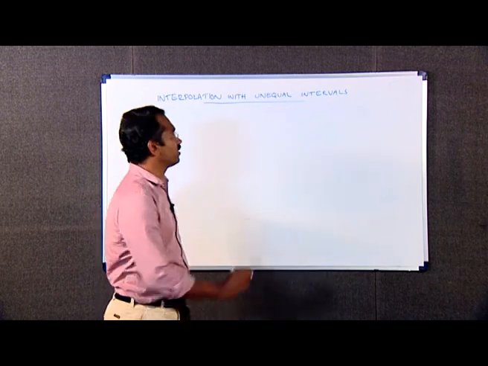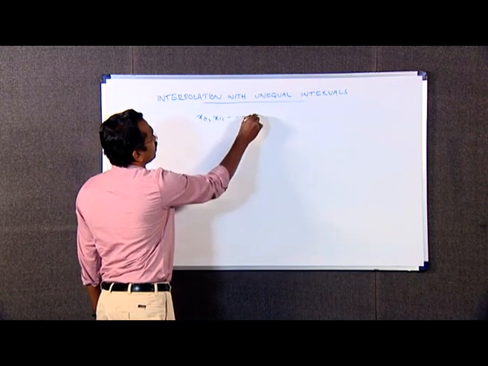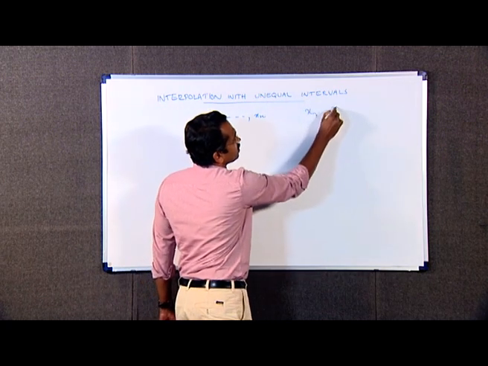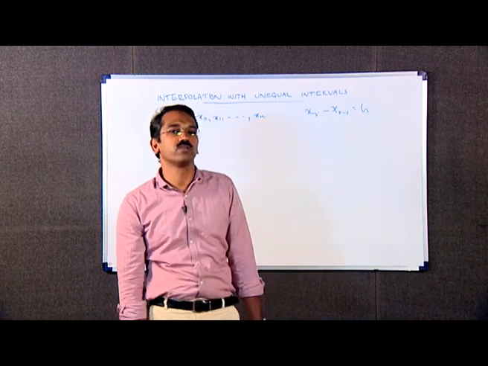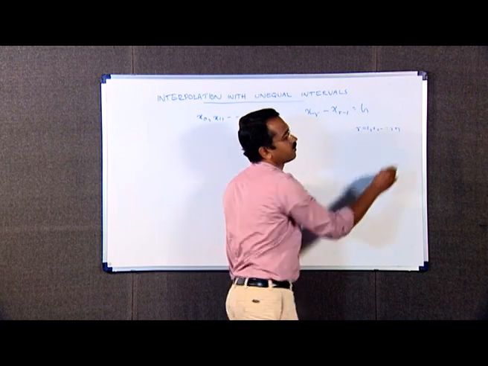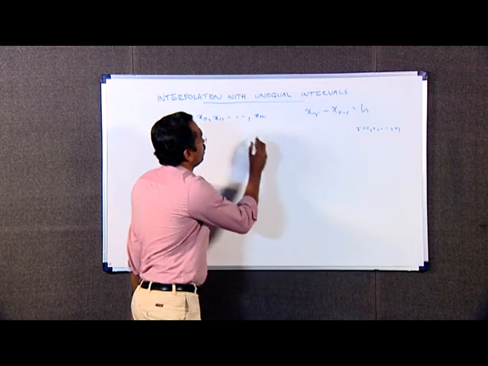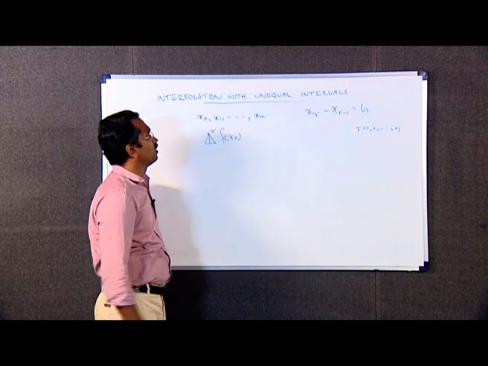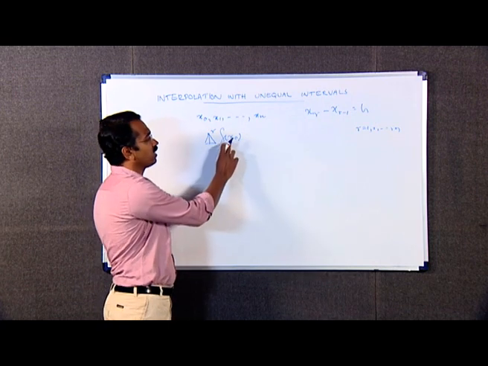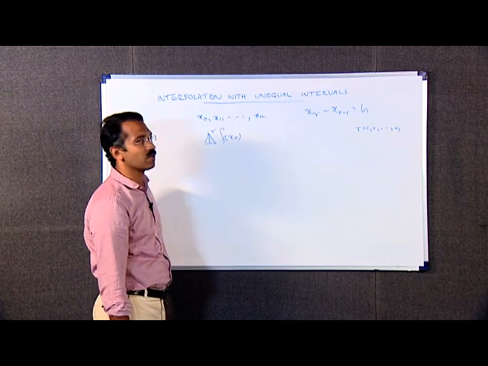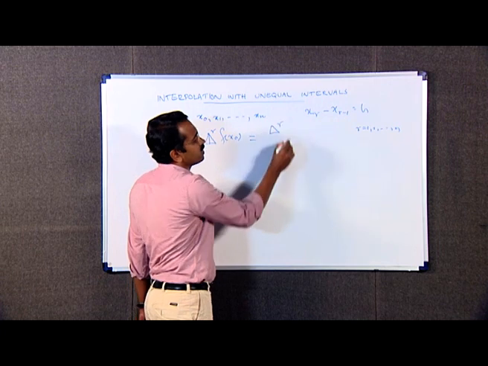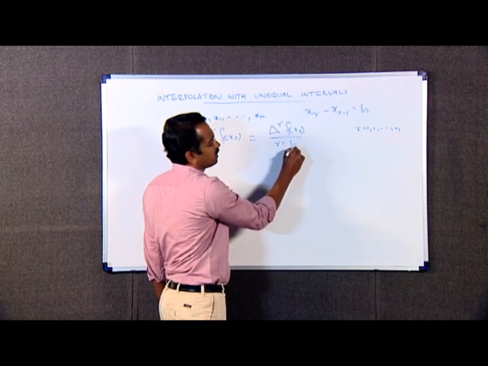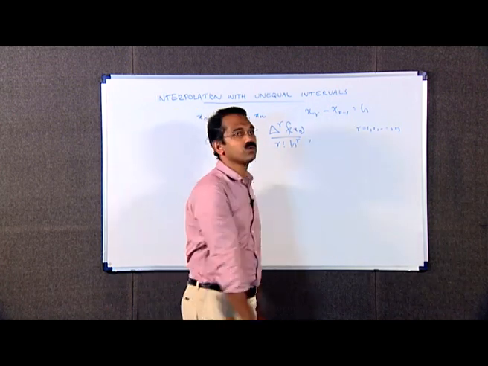If the arguments x0, x1, etc., xn are equally spaced such that xr minus xr minus 1 is equal to h for r equal to 1, 2, 3, etc., up to n, then divided delta raised to r f of x0, that is the rth order divided difference between the arguments x0, x1, x2, etc., xr, is equal to delta raised to r f of x0 divided by r factorial into h raised to r, where r varies from 1 to n.